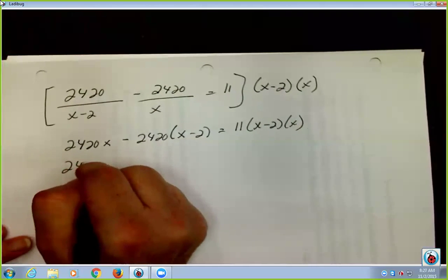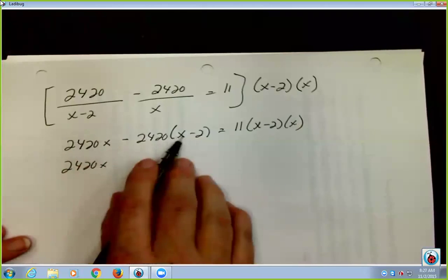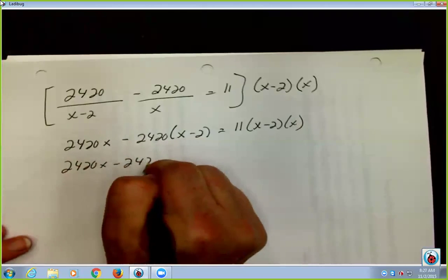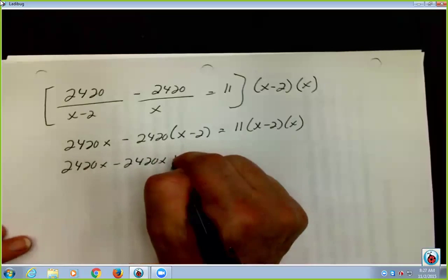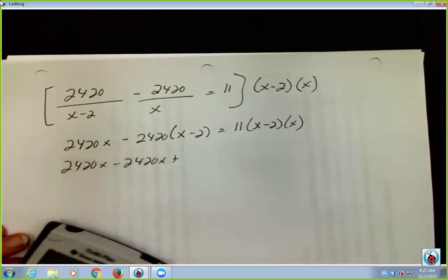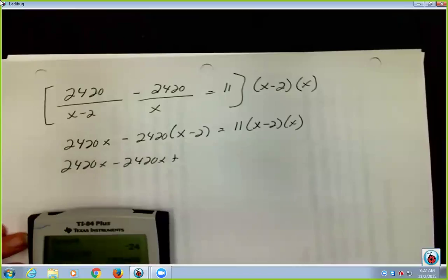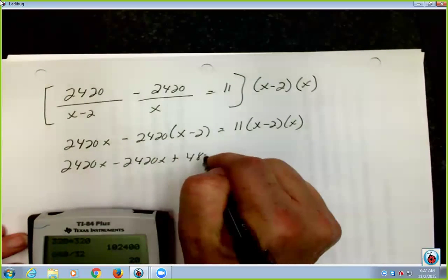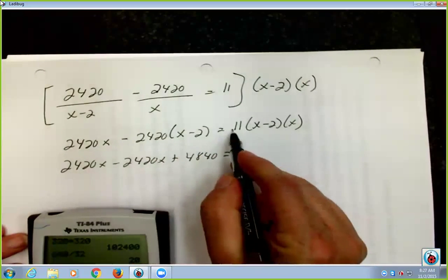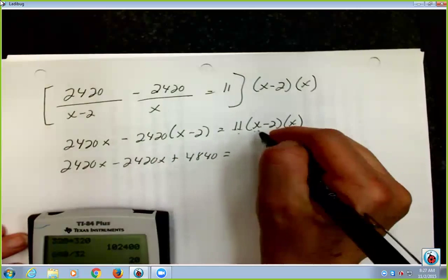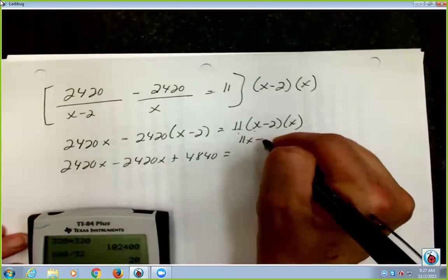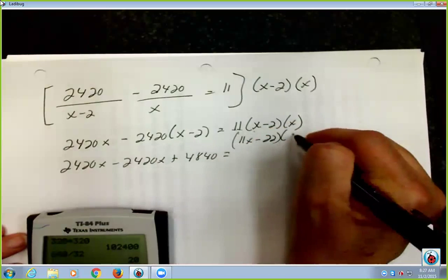So I have 2,420x minus 2,420 times x minus 2. Minus 2 times that is going to be a plus 2,420 times 2, which is 4,840. 11 times this whole piece is 11x minus 22 times x.